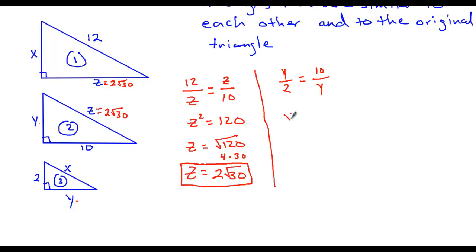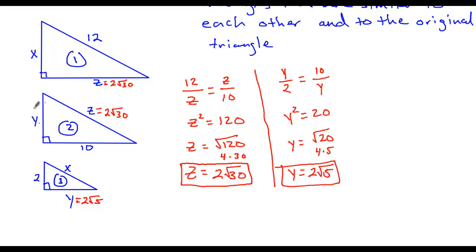So I cross multiply and get y squared equals 20. y equals the square root of 20, and 20 is 4 times 5, so it's 2 times the square root of 5. Now I know that all the y's are 2 times the square root of 5.